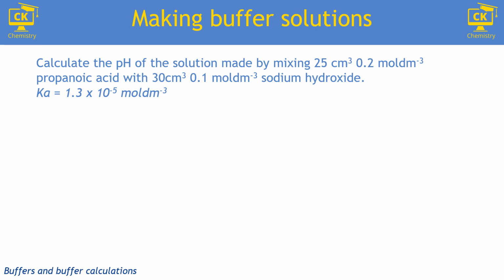But if you take HA and you add some sodium hydroxide, again, remember sodium, unless we're working out the mass of something, I don't really want sodium in my equation. So it's the hydroxide bit that's reacting. Sodium hydroxide is a strong base. This is not an equilibrium reaction.